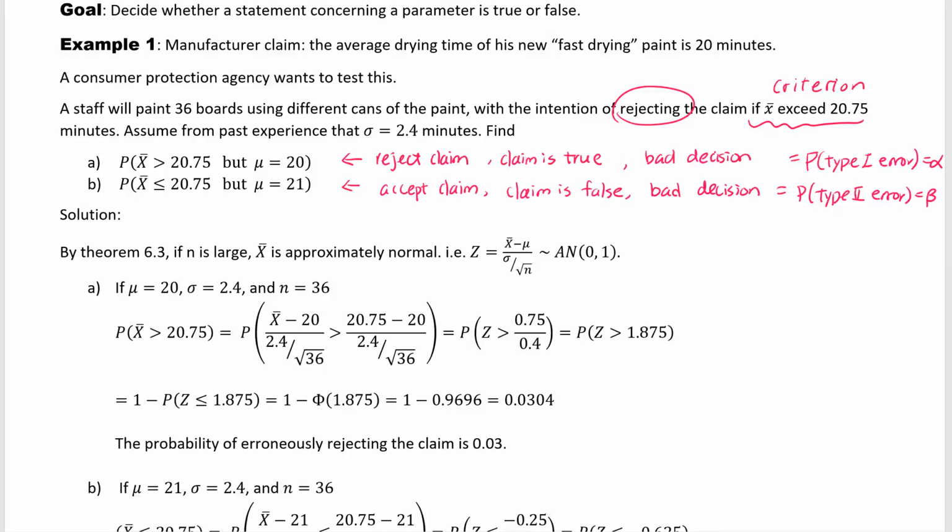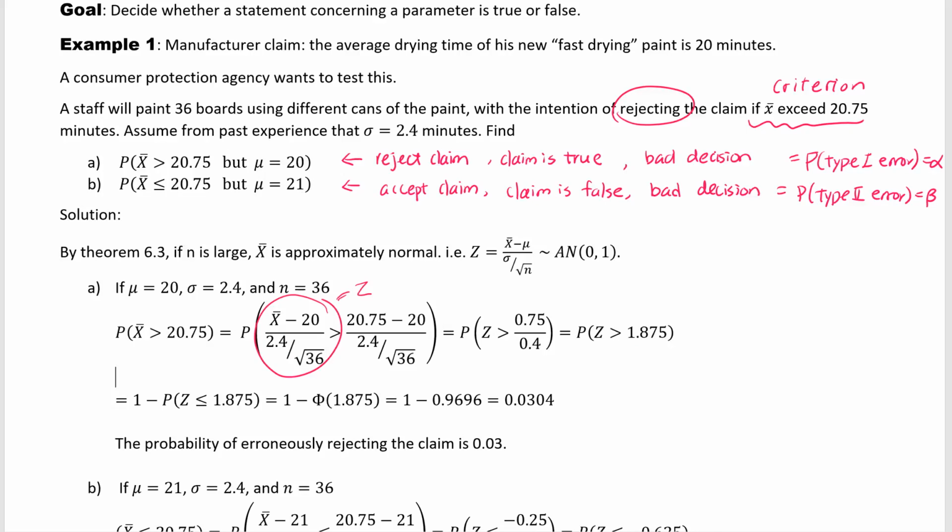We subtract mu, which is 20, over sigma, which is 2.4, over square root of n, which is square root of 36. If we do this operation to the x bar, we also need to do the same thing to the right hand side, 20.75. So this is z. In our calculator, we get that number is 1.875.